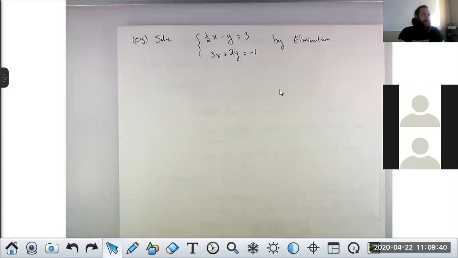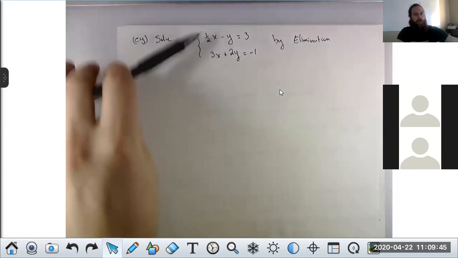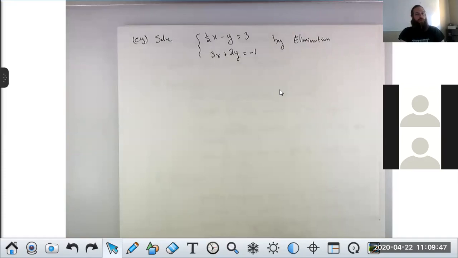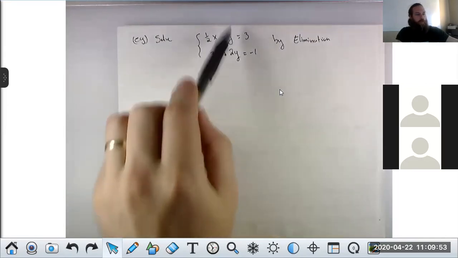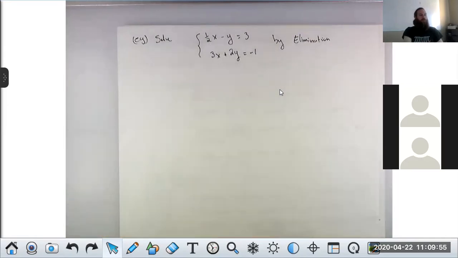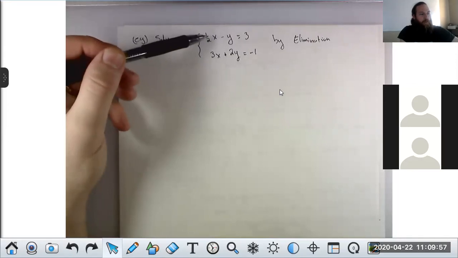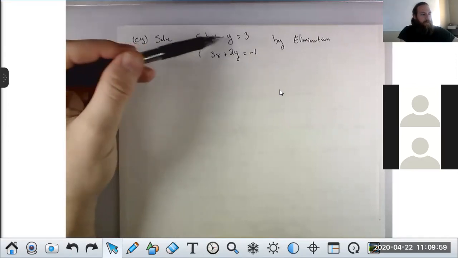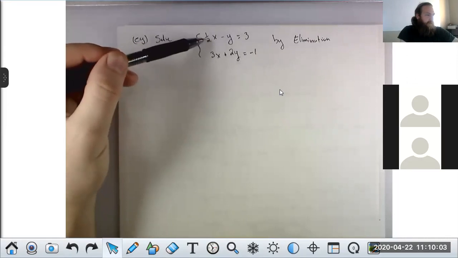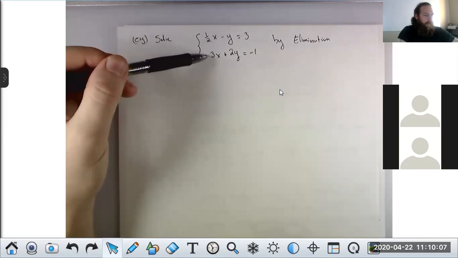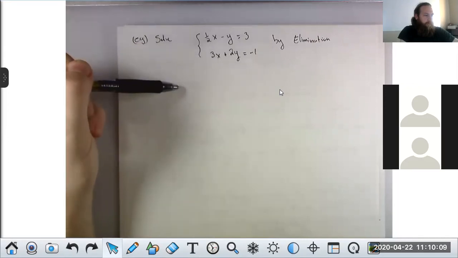I have to multiply one of these equations by a non-zero constant in order to make one of the coefficients, say the coefficients of x, negatives of each other, or the coefficients of y, negatives of each other. I could multiply through the first equation by a -6, and that would make this -3x, so that when I added it to this, the x's went away.